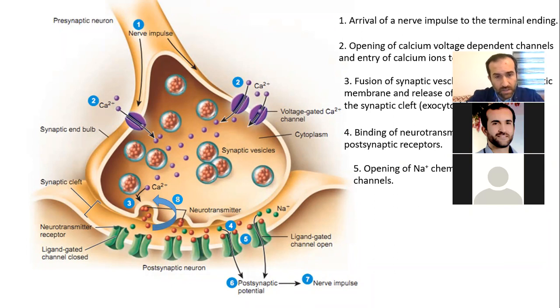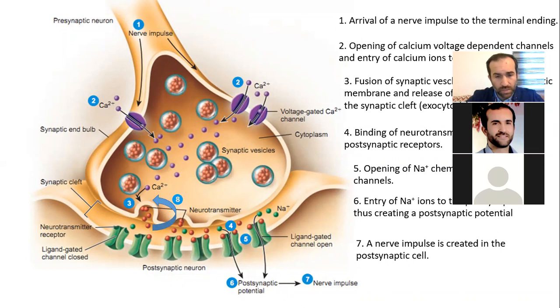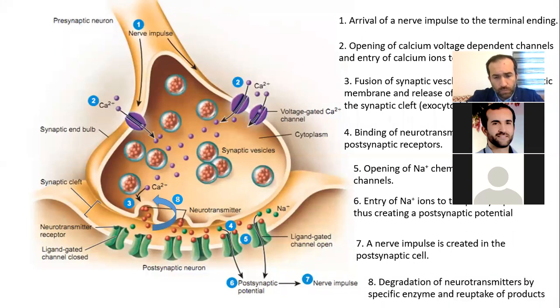In this figure, they are Na+ chemical dependent channels. When they open under the action of the binding of neurotransmitters, they make entry of Na+ ions to the postsynaptic cell that will make a postsynaptic potential inside of it, which will be able to make a postsynaptic nerve message.